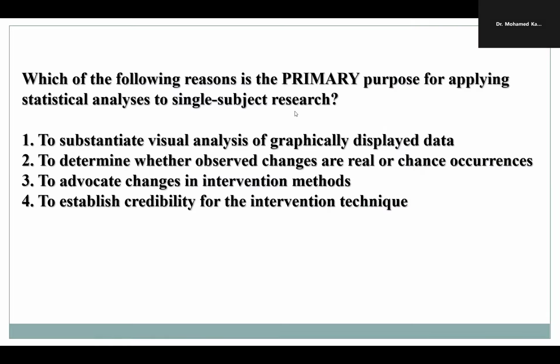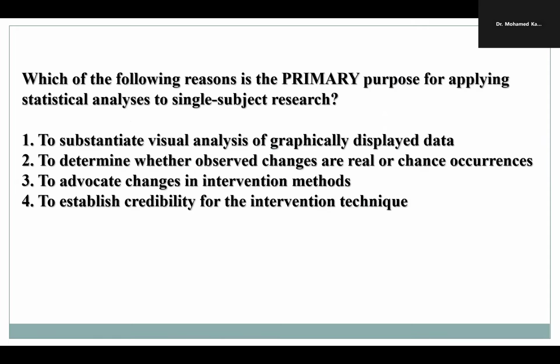Which of the following reasons is the primary purpose for applying statistical analysis to a single subject research? We know single subject research is one of the weakest research types, and it is at the bottom of the research pyramid.